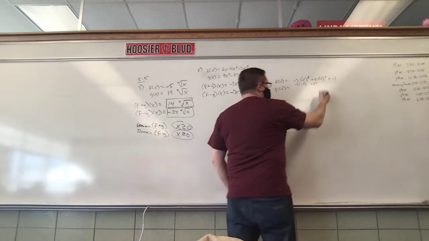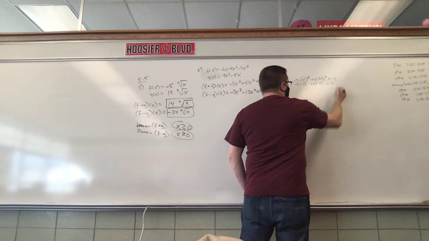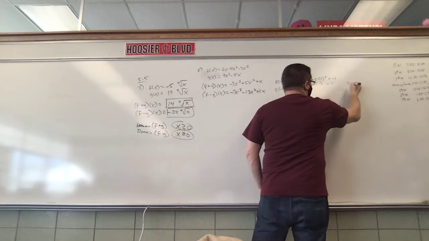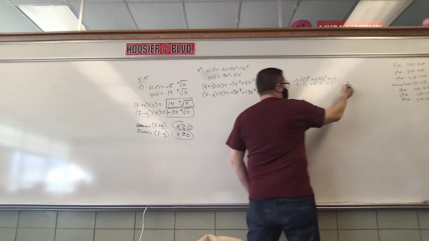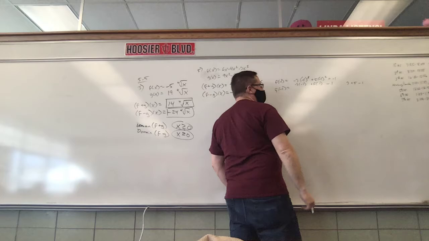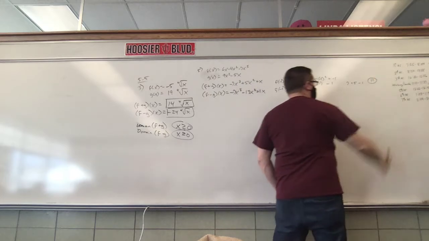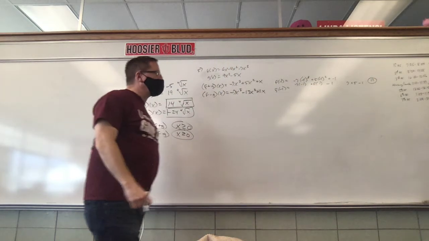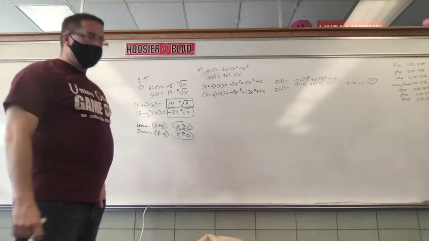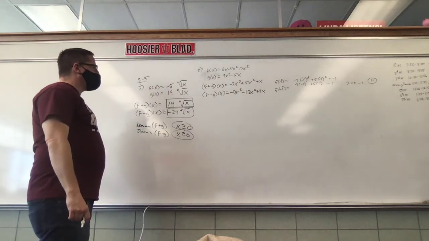Negative 1 times negative 1 is positive 1. Plus negative 1. Negative 7 times negative 1 is 7. 5 times 1 is 5. Then minus 1. 7 plus 5 is 12. Minus 1 is 11. All we're doing is plugging in negative 1 for every single one of them, and then getting our answer.